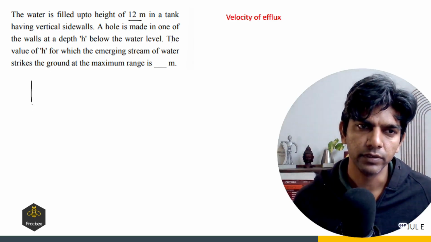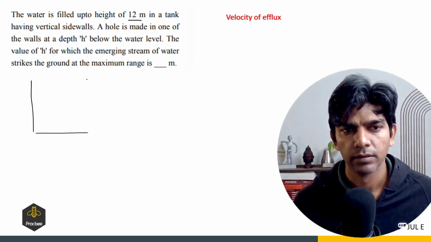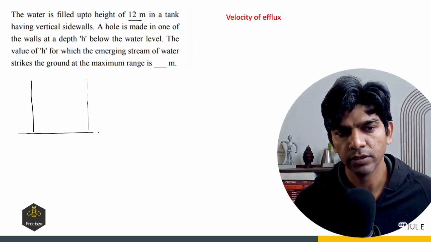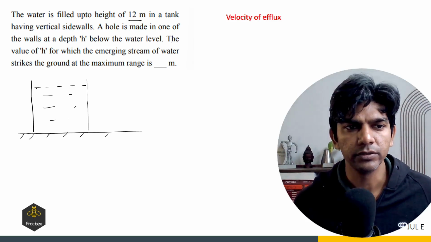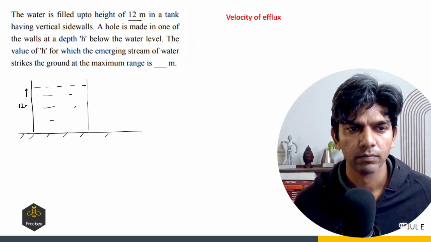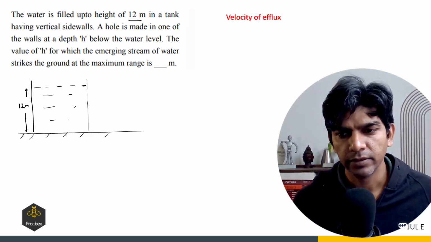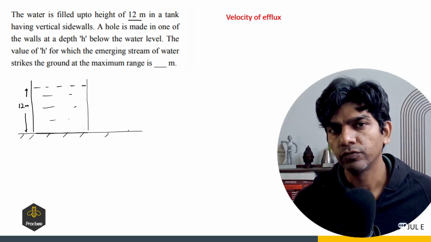So here we have given a tank, and I'm assuming this tank is resting on the ground, and the water level is given up to a height of 12 meters. We have to find the depth at which the range of the ejected fluid is maximum.